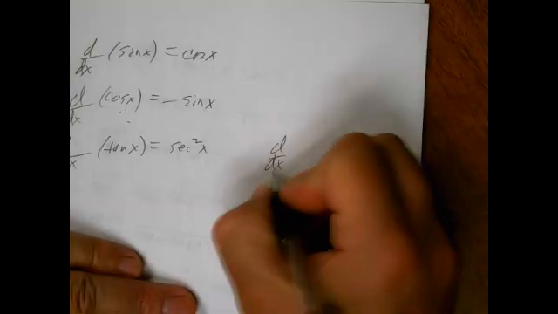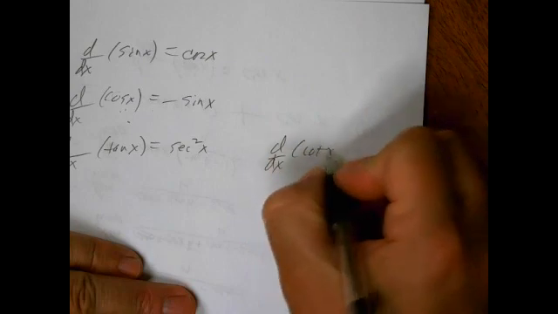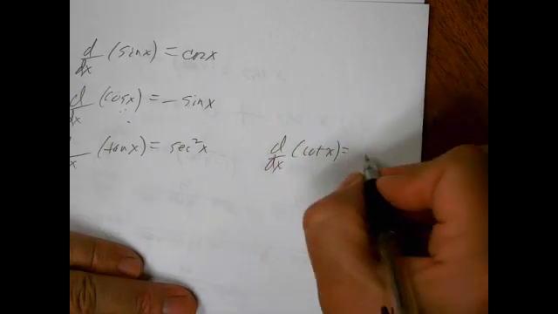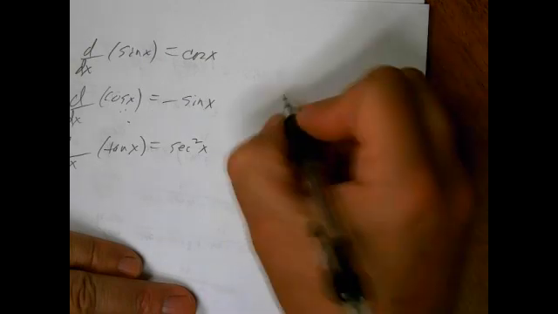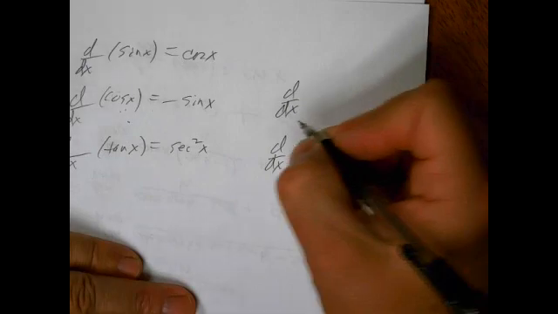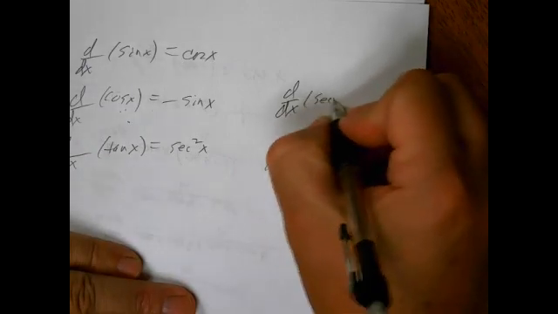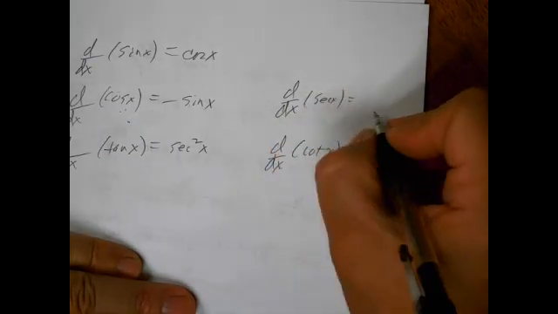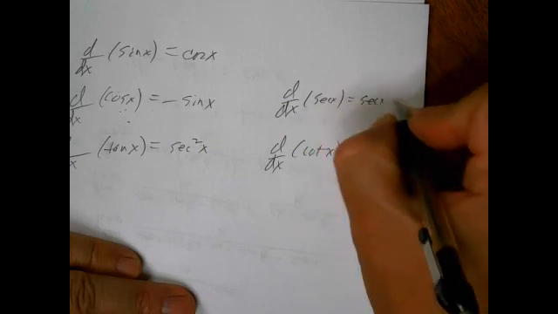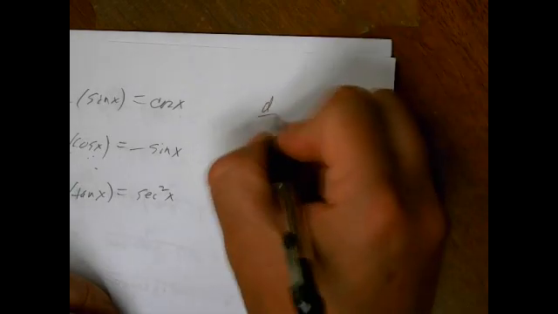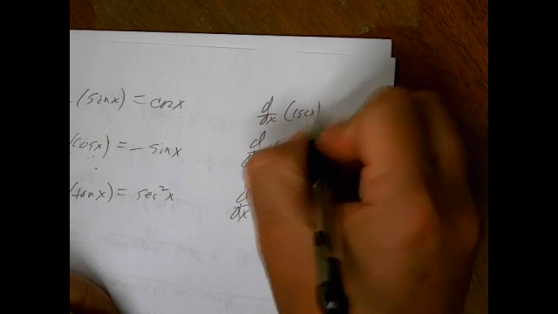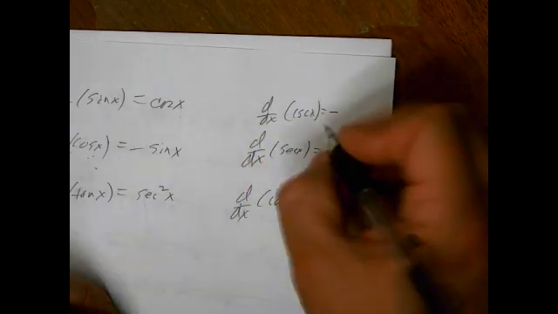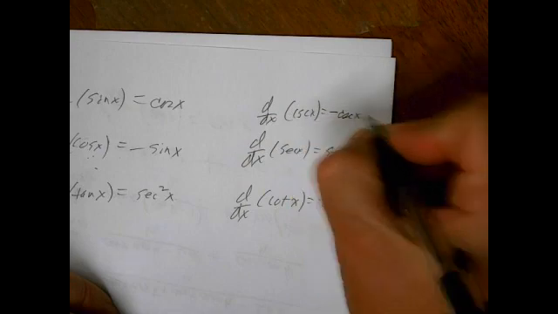Derivative with respect to x of cotangent of x is negative cosecant squared of x. Derivative with respect to x of secant of x is secant of x tangent of x, and the derivative with respect to x of cosecant of x is negative cosecant cotangent.